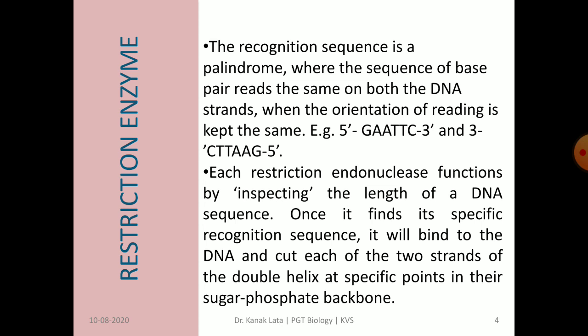For example, 5' to 3' end GAATTC and 3' to 5' end CTTAAG. Each restriction endonuclease inspects the DNA molecule in search of a specific recognition sequence, that is, the palindromic sequence.